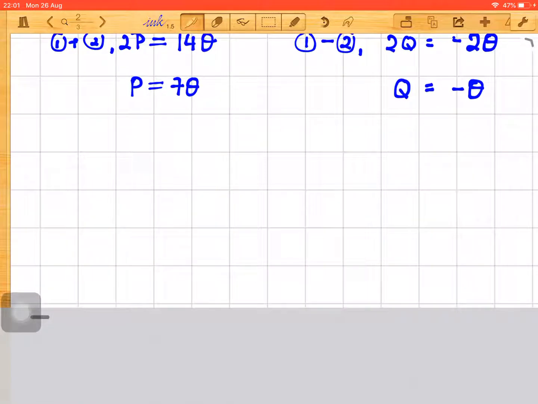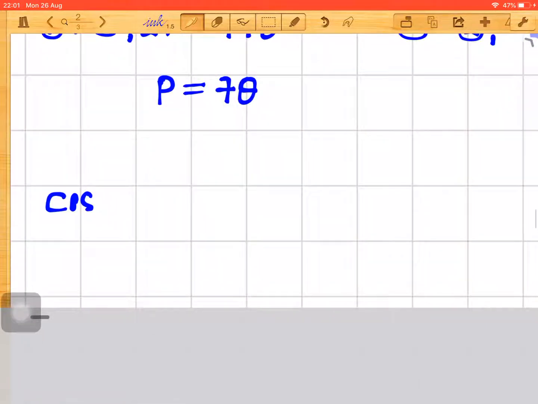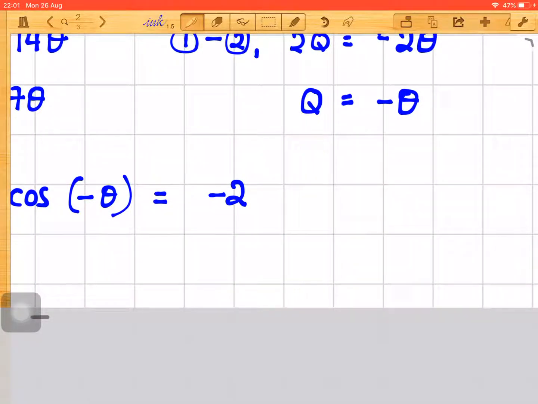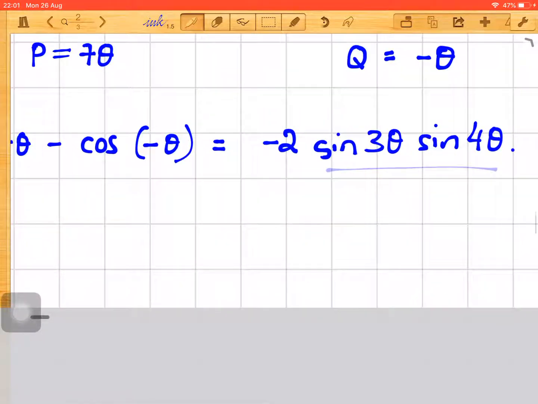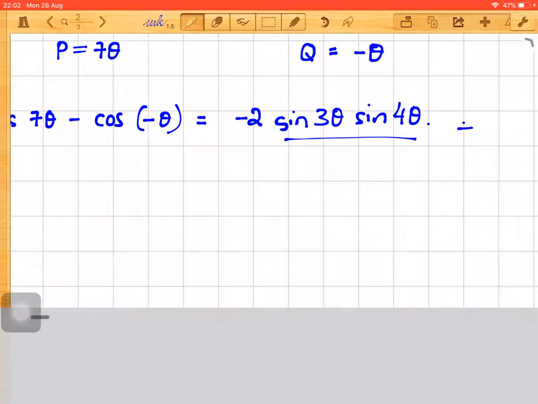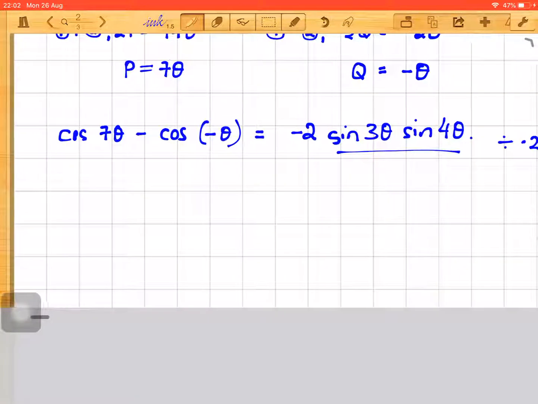So you have cos 7 theta minus cos negative theta, which is actually equal to negative 2 sine 3 theta sine 4 theta. But what you want is this one. So you move the negative 2 to the front by dividing negative 2 on both sides.